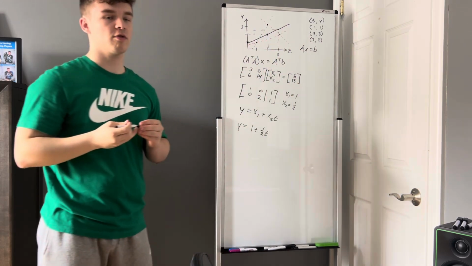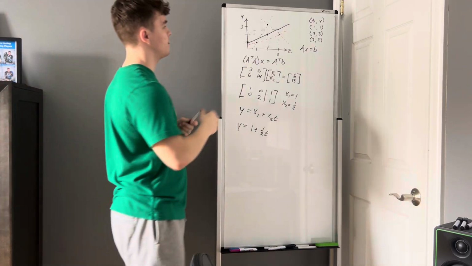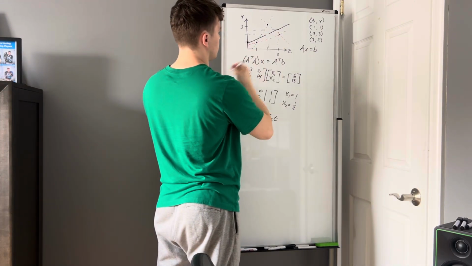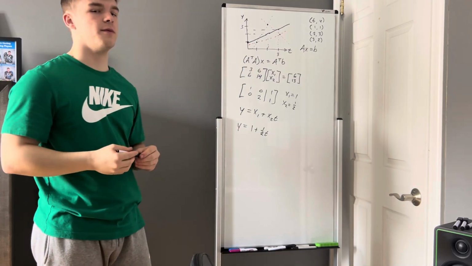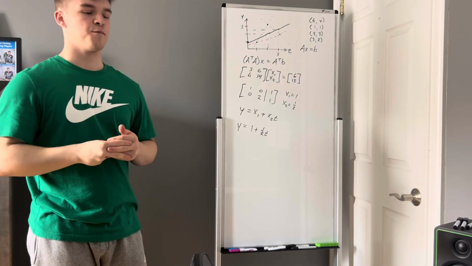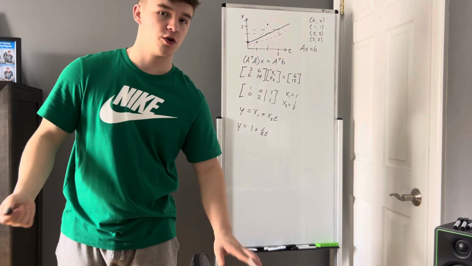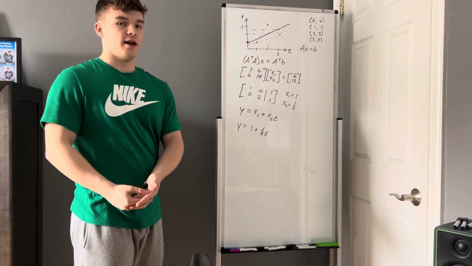It's actually a pretty good sketch. But that is our line of best fit. Maybe I should take away this point here so that you don't get it mixed up with any of the points. And of course, it doesn't touch any of the points, but it comes as close as it can to touching the other points. So this is a very powerful tool that we can use when we're working with experimental data that will never be perfect.